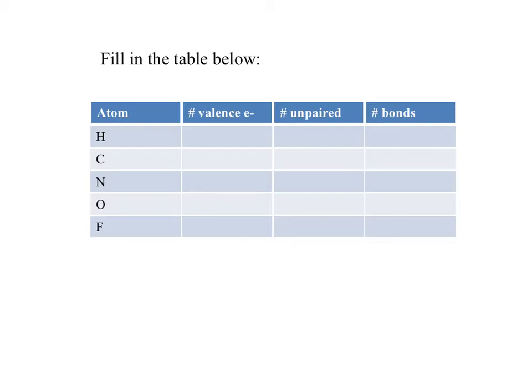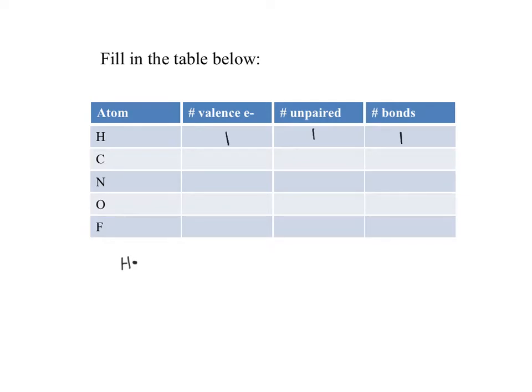So hydrogen only has 1 electron, and I'm going to represent that electron by a dot. A little dot means an electron near the atom. That 1 valence electron doesn't have any electron to pair with, and so there's 1 unpaired electron. If I have 1 unpaired electron, I can make 1 bond.